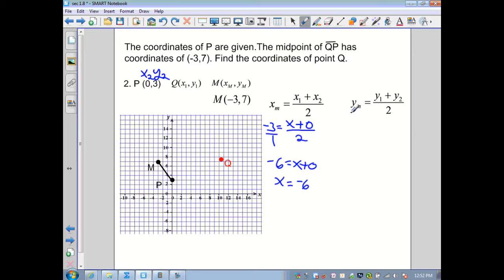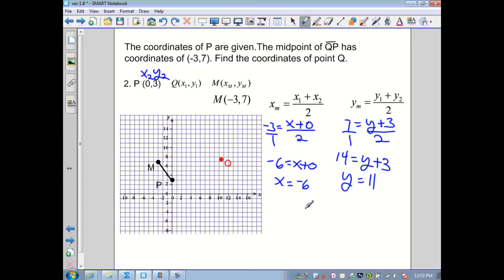And for my y midpoint, this is going to be 7. y sub 1 is unknown, so I'll let that be y, plus y sub 2, which I know is 3, all over 2, creating a proportion. I cross multiply and get 14 equals y plus 3, and that gives me y equal to 11.